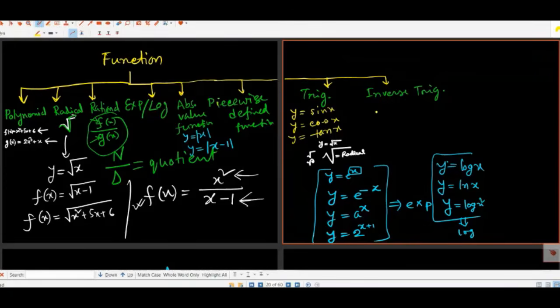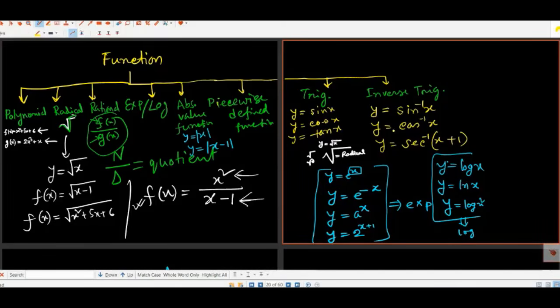Inverse trigonometric function. Suppose we have y equal to inverse sine of x, y equal to inverse cosine of x. So sine inverse, cosine inverse, let's say we have secant inverse x or secant inverse x plus 1.